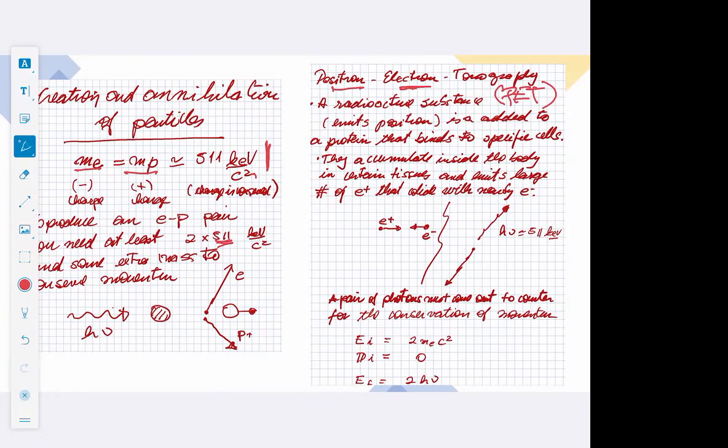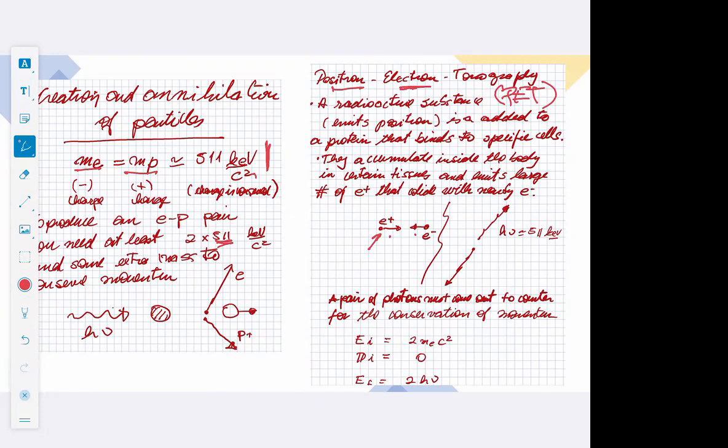So we have this positron, which is very foreign. It's the only particle with a mass equal to the electron's living in an environment surrounded by electrons. But this positron finds an electron nearby, because there are plenty of them in all the materials surrounding the position where the isotope is.